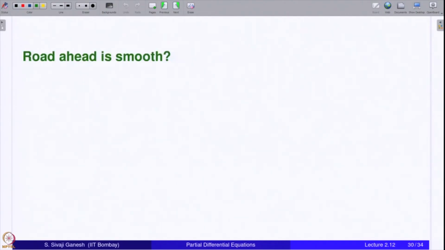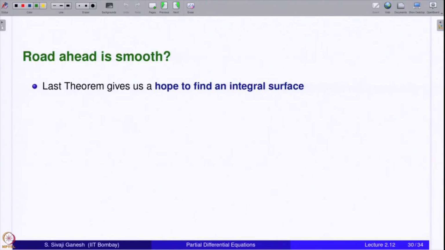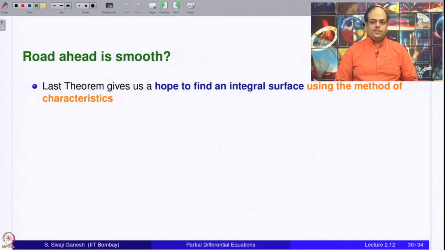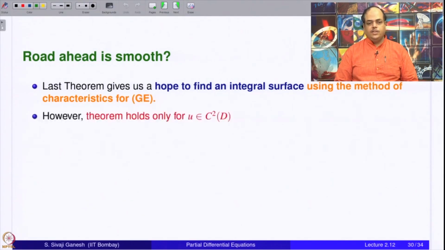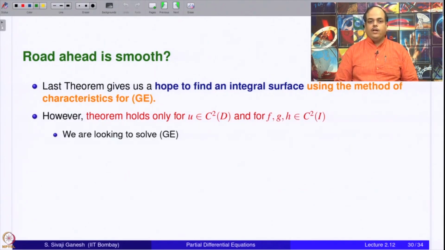So, now the question is whether the road ahead is smooth, because the last theorem gives us hope to find an integral surface, exactly like the other theorem which gave us hope in quasilinear equations using the method of characteristics, for the general nonlinear equation. However, the theorem holds only for u in C2 and F, G, H in C2 of I. We are looking to solve GE for which a C2 solution may not exist.